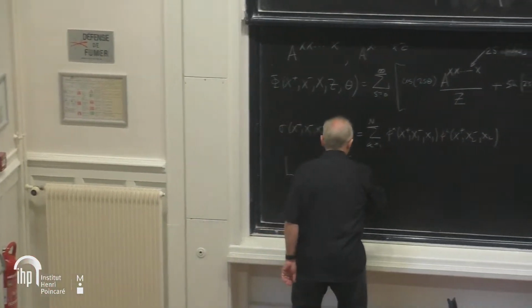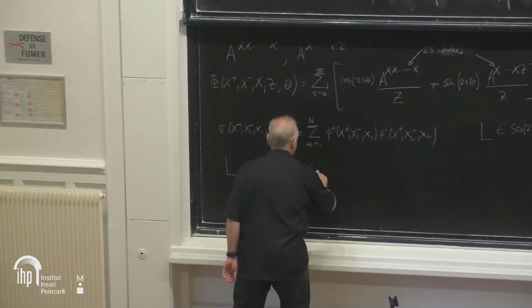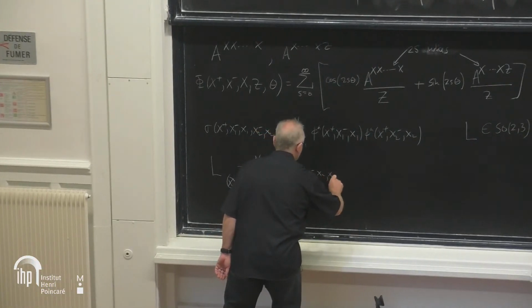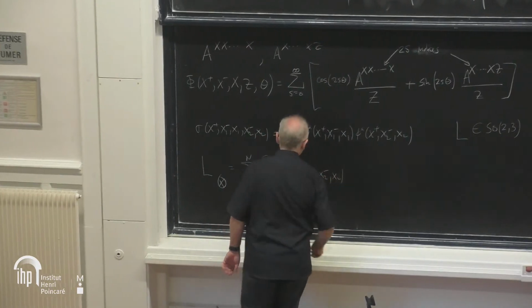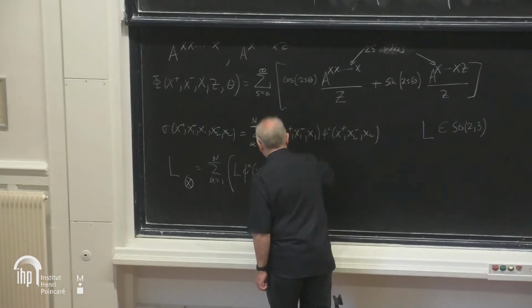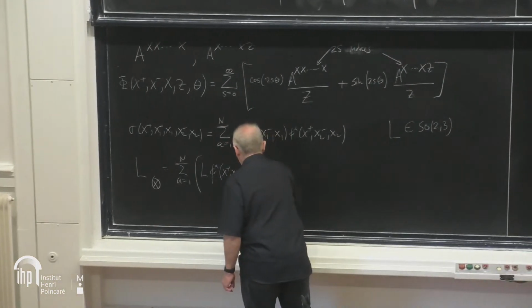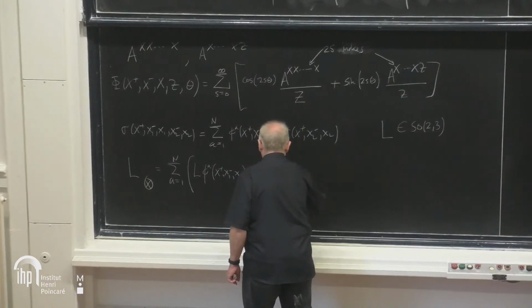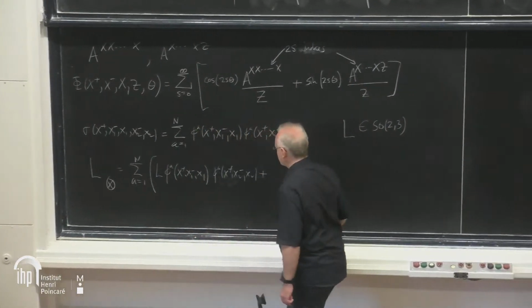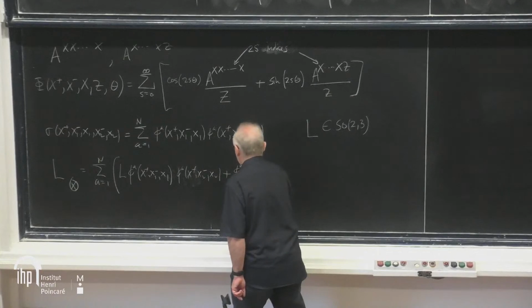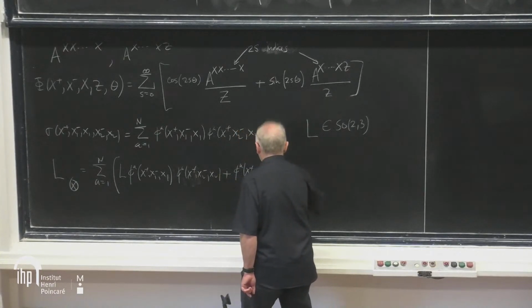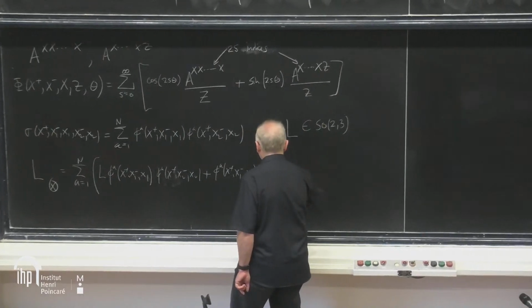You act on the first scalar field, phi a of x plus x1 minus x1, and leave the second field alone, plus, leave the first field alone and act just on the second.